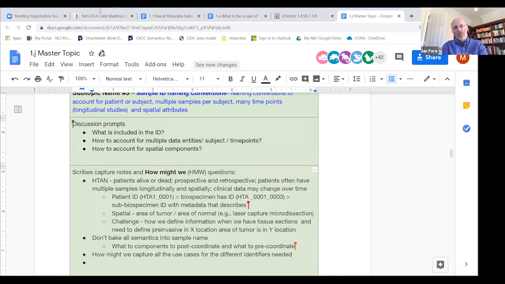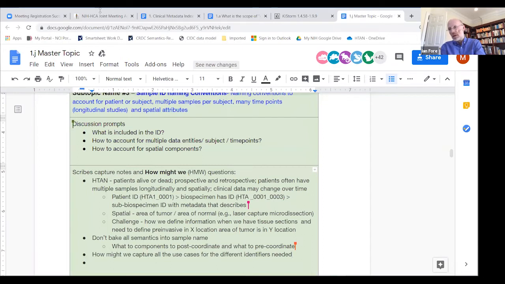There may be some piece of processing or some attribute of that thing, and it's a real thing. It could be a slide, for example, upon which some immunohistochemistry was done. There are going to be some pieces of information about how that was processed. You're going to capture those attributes, but you've got to hang those attributes off something. And the ID that I'm referring to would be the thing that you hang those attributes off.